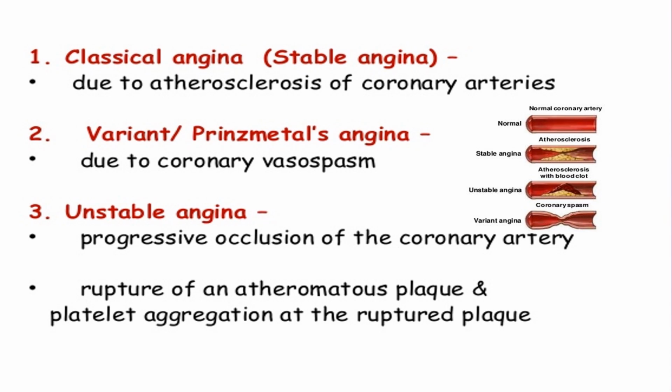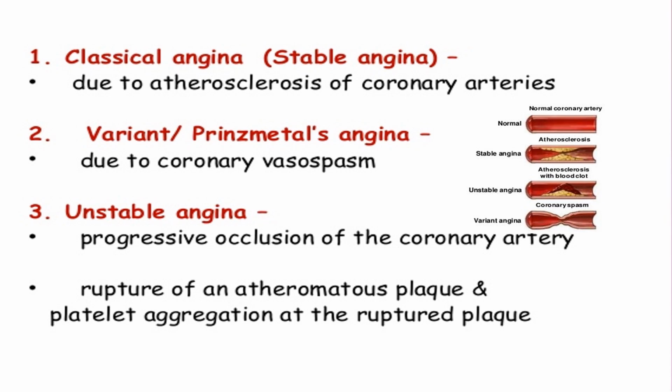Now coming to unstable angina, it is progressive occlusion of the coronary artery. Progressive occlusion means that before coming to the stage of unstable angina, the patient has already gone through classical or stable angina. In classical angina there is only plaque formation, but it has not been disrupted.